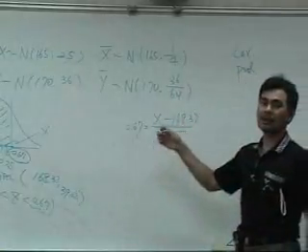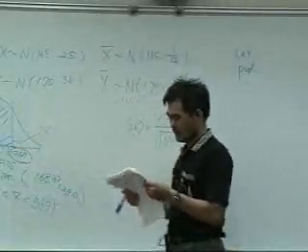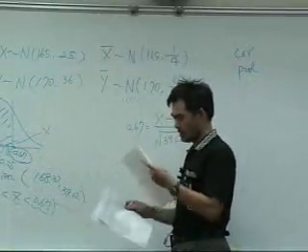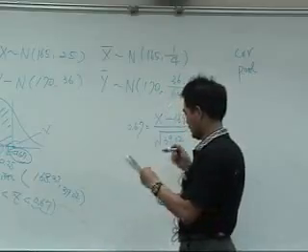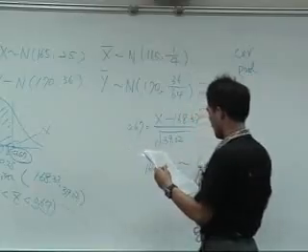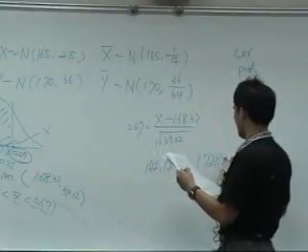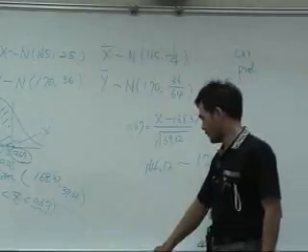So from here you can get X, okay, this value here and this value there. So the answer is 164.12 to 172.54.